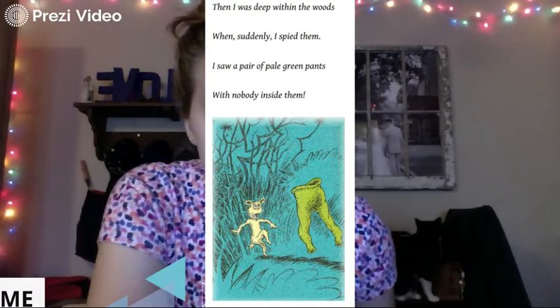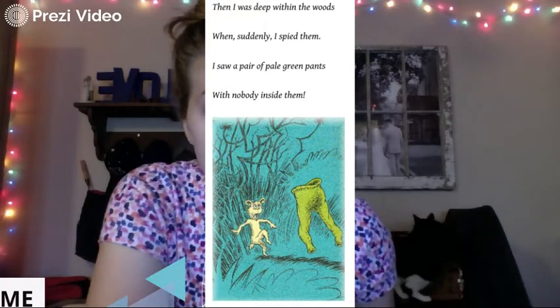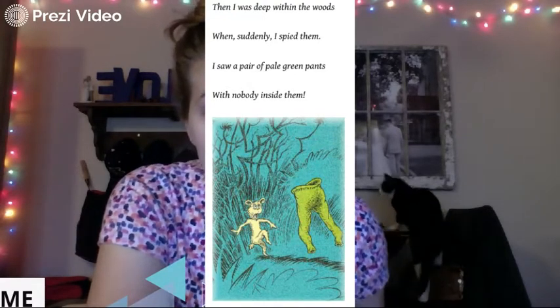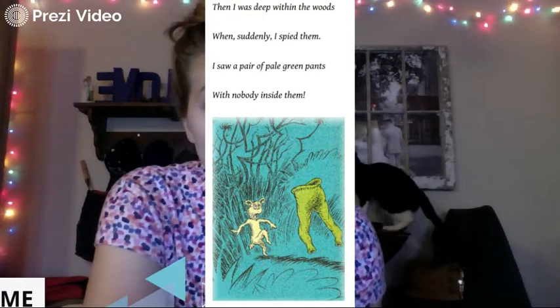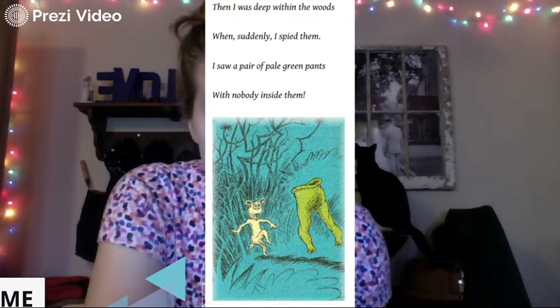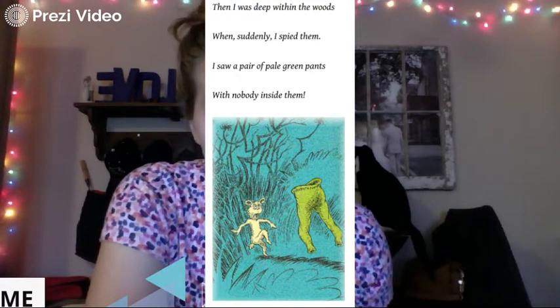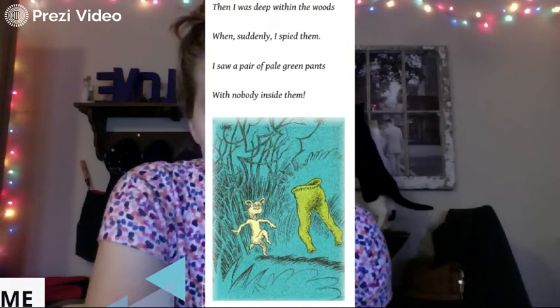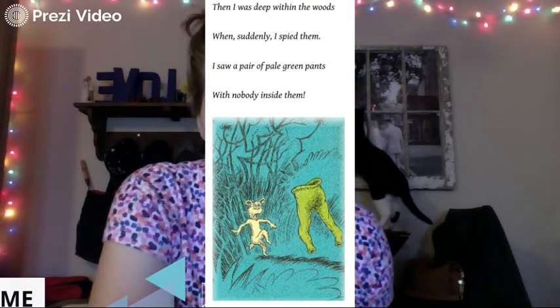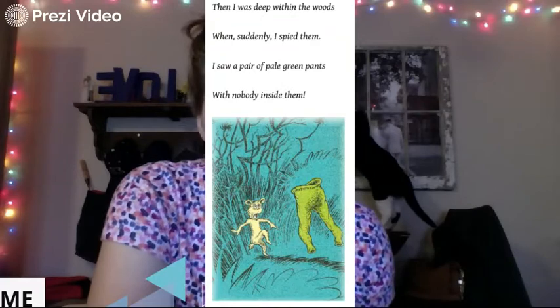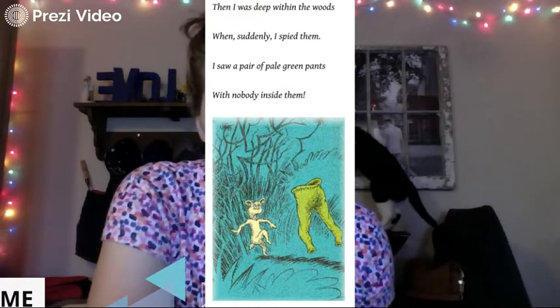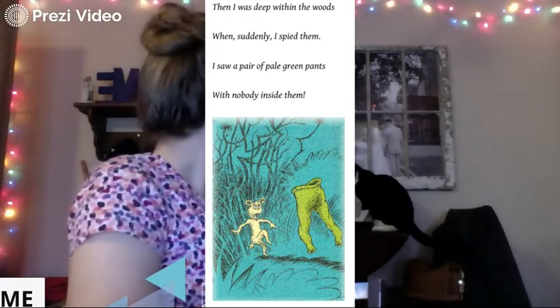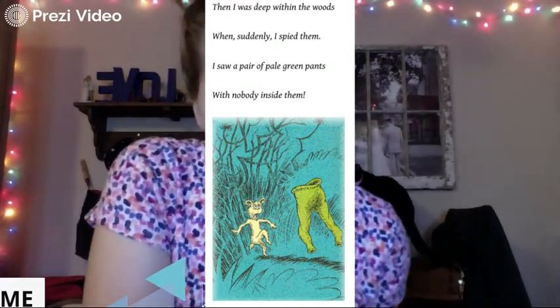We have the end rhymes, woods, them, pants, them. So again, we're just going to go ahead and label the first line with A. Then the second line, them. Woods, them. Those don't rhyme, so we would give it letter B. Pants is our third line.